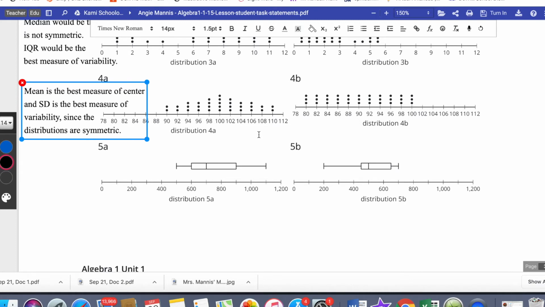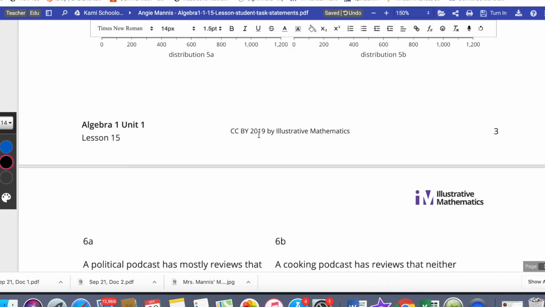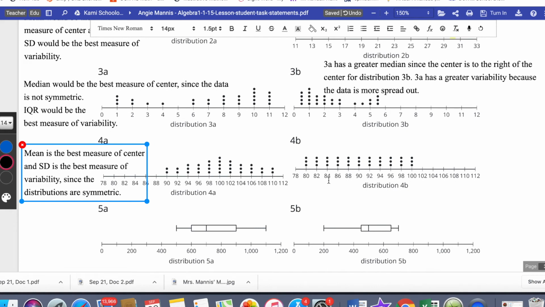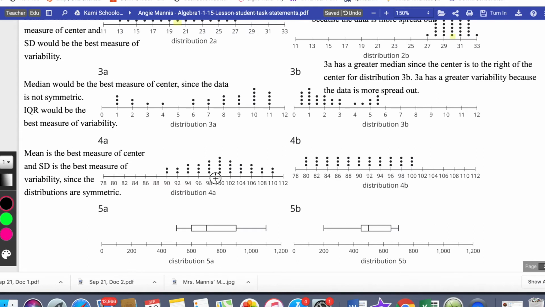Okay, looking at which one has a greater measure of center and variability. So this measure of center would be 100. That's not what I meant to do.